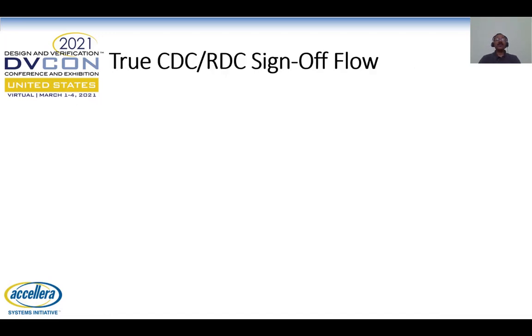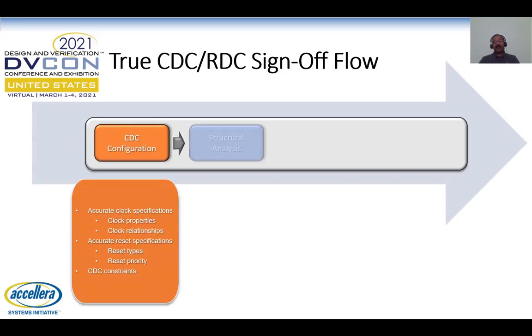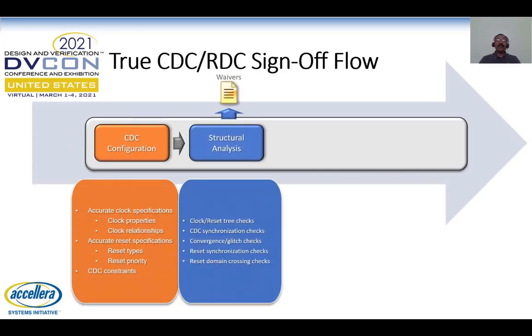Let's look at what is the true CDC RDC sign-off flow. The first two steps of any CDC analysis are CDC configuration and structural analysis. In CDC configuration, you would be defining the clock specifications, the reset specifications, and CDC constraints.